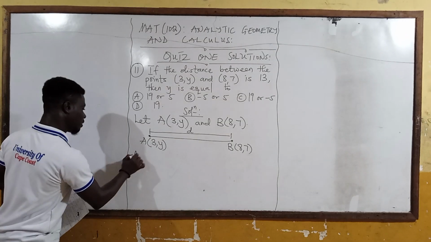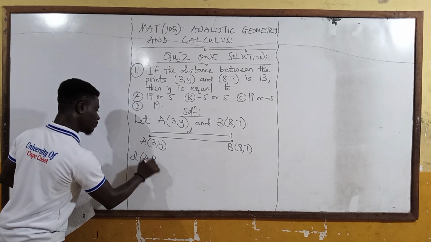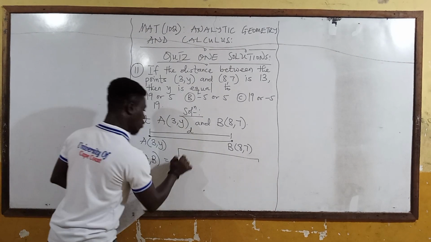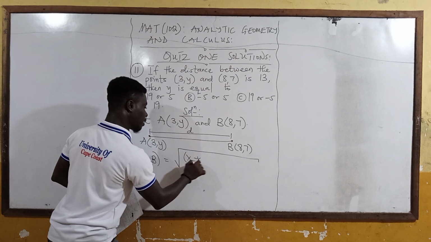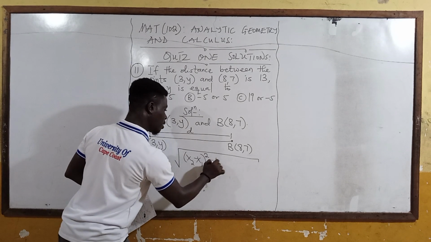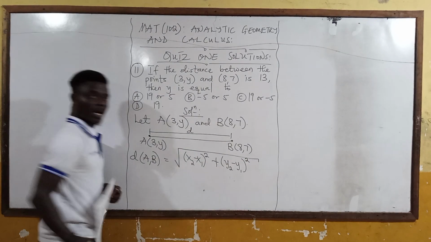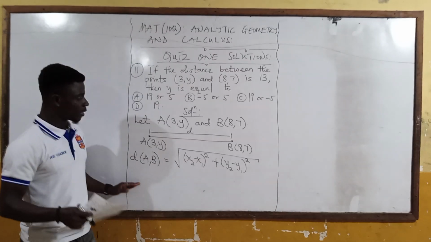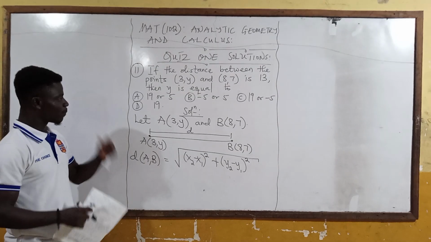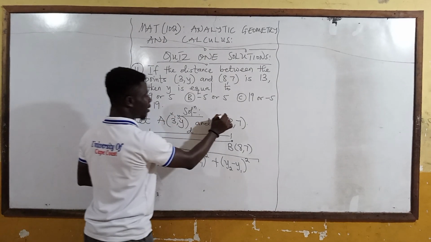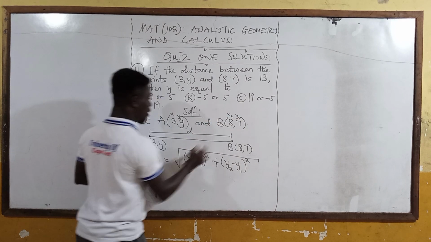We can say that the distance AB is given by the formula square root of (x2 minus x1) all squared plus (y2 minus y1) all squared. Let's proceed and see. This one will be my x1, y1, x2, y2.